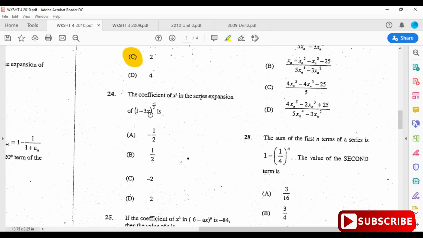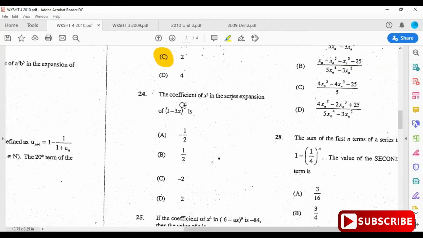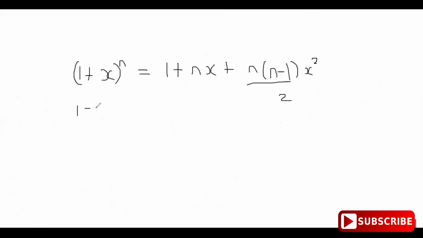Now, n is minus 1/3 and our x is negative 3x. So we have 1 minus 3x to the negative 1/3.